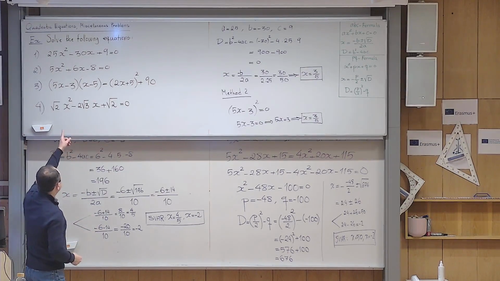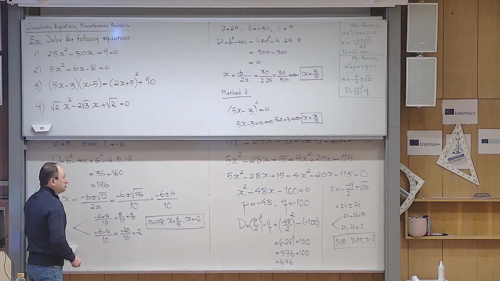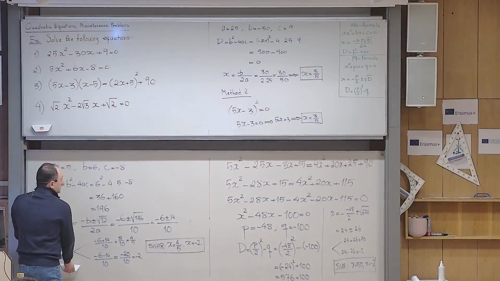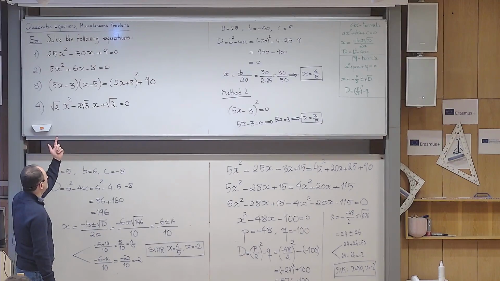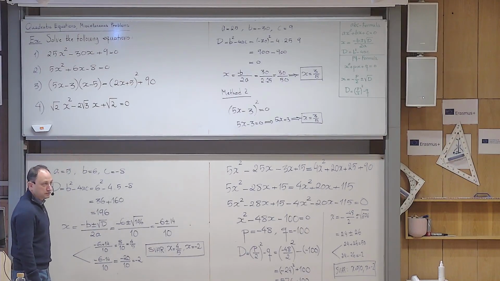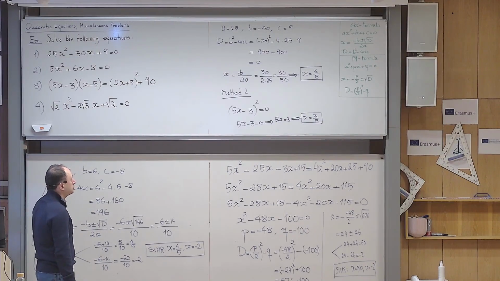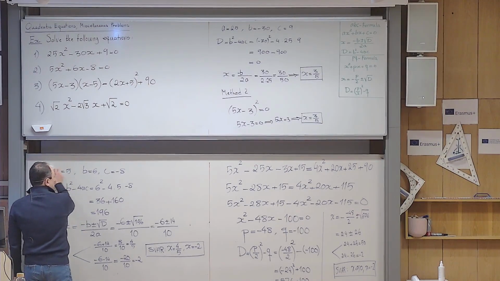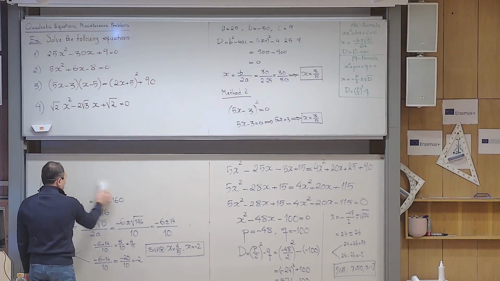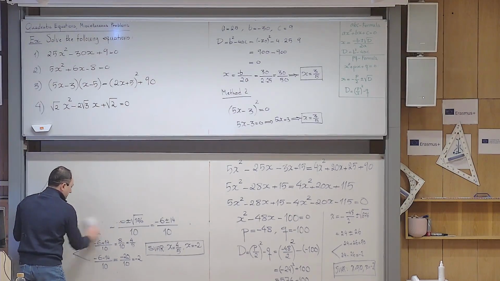So the next one is also a good one. I want to see how we solve this problem. But technically speaking, this problem is the same. Which one do you prefer to use, ABC formula or PQ in this case? ABC. Let us use ABC.